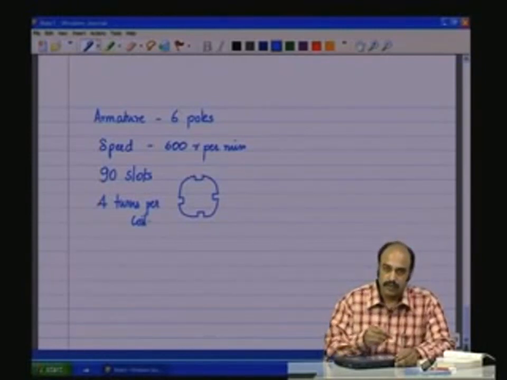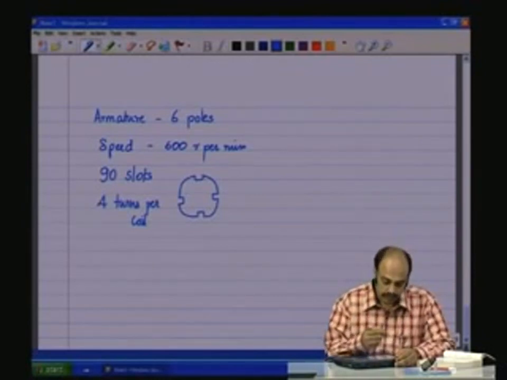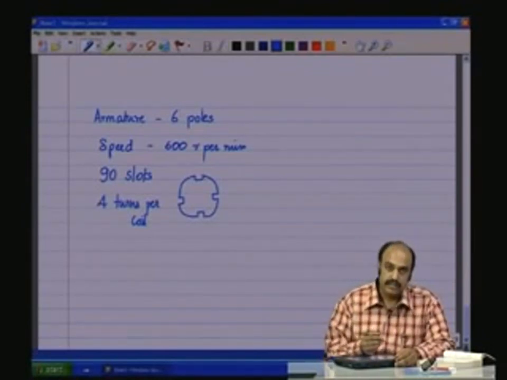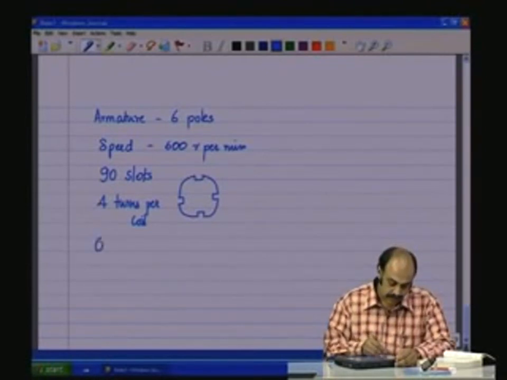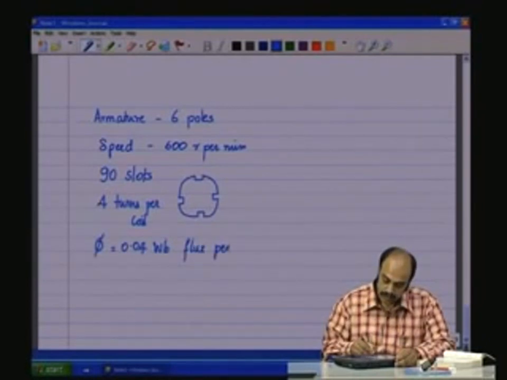That is, we used to always draw a coil with just 1 turn, but there could be many more turns than 1, and in this case this particular generator is wound with 4 turns. And the flux phi, which is 0.04 Webers, is the flux per pole.